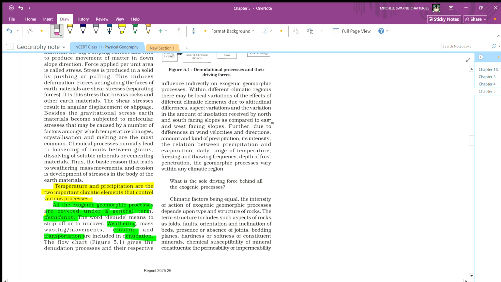This is too much. Freezing and thawing, depth of frost penetration, geomorphic work also vary.